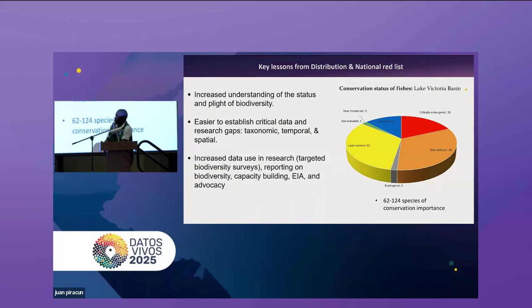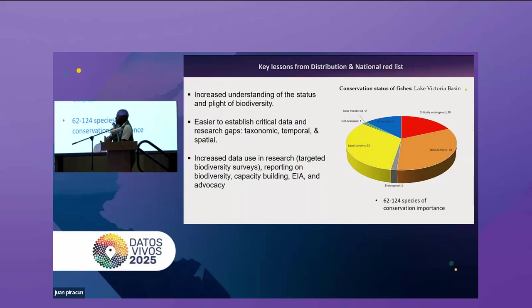Of course, we are privileged to see increased use of this data in research and other applications. And that is wonderful because that is why it is collected. When we talk about understanding the status and plight of conservation, rather of biodiversity, here in this pie chart, I have a case for one of the water basins that we have in Uganda.